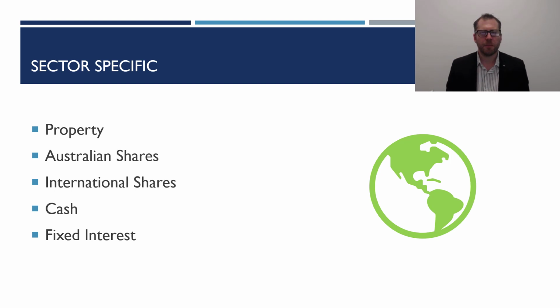So, as an example, what advisors look for is trying to identify, where are the opportunities? Do we have confidence in the property sector? If that's the case, we may load up into that, and vice versa. Cash and fixed interest, if you're a conservative investor, we need defensive assets. These are the particular sectors that we concentrate on.